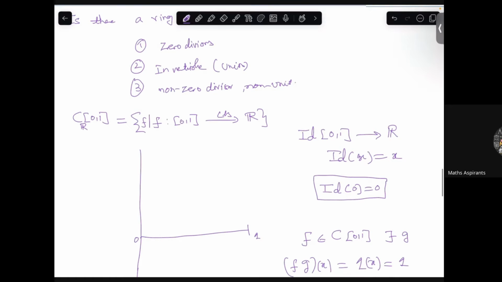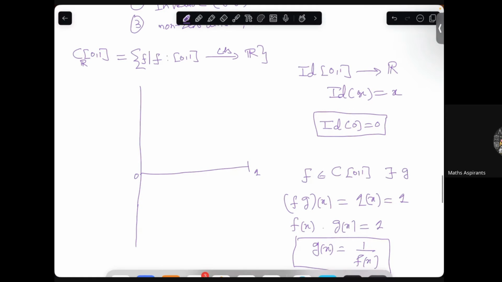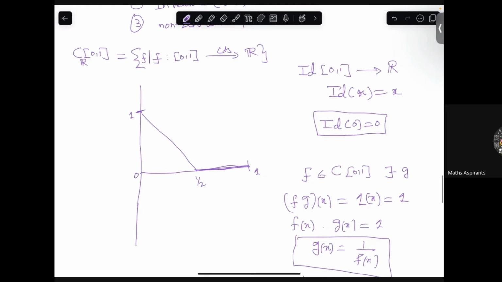Do we have some zero divisor? Yes. For example, take this function. Take 1 by 2. The first function is a line joining from here to here and 0. The next function is a line joining from here to here, 0.